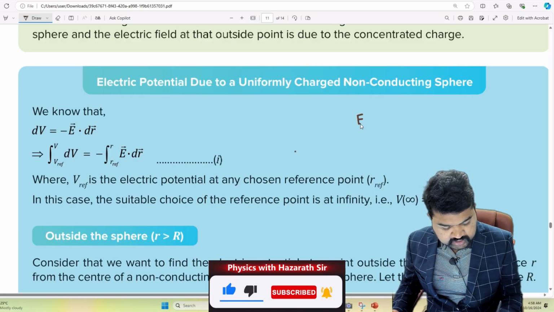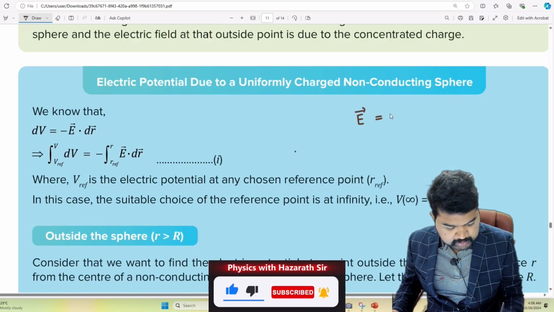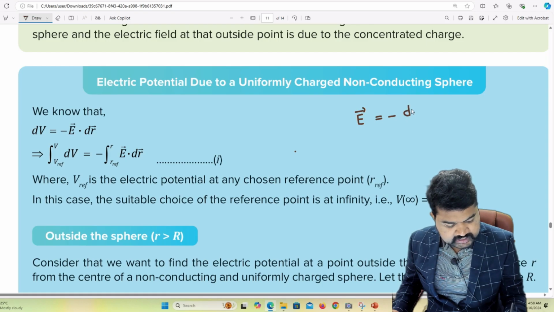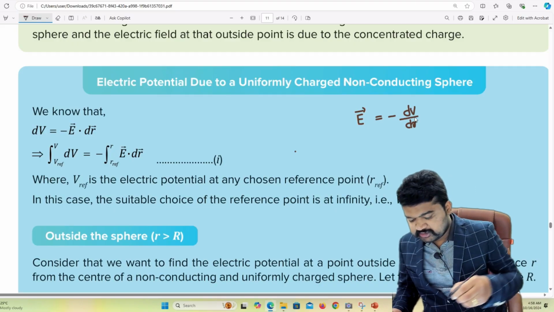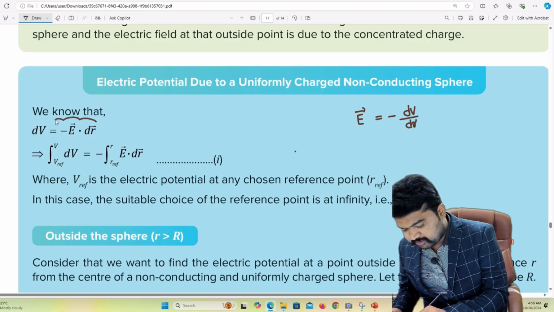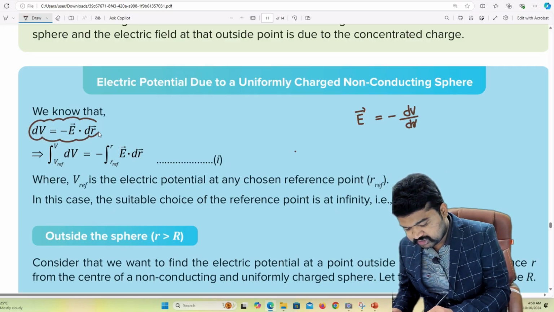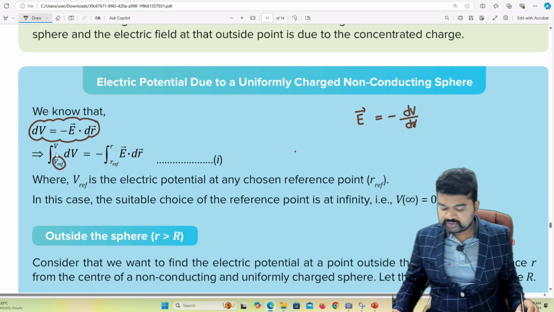E bar equals minus dV by dr. So dV is nothing but E bar dotted with dr bar, from V reference up to V.